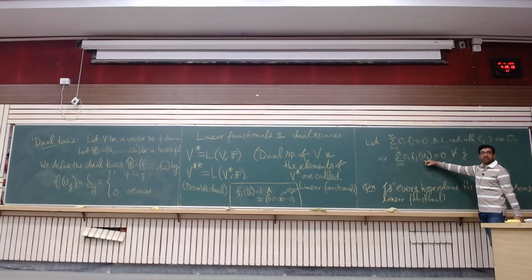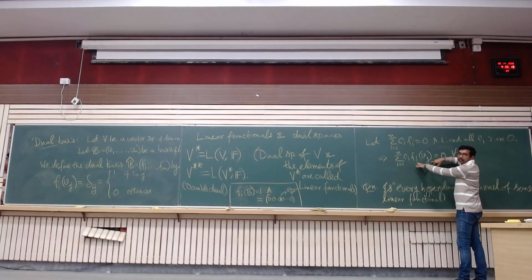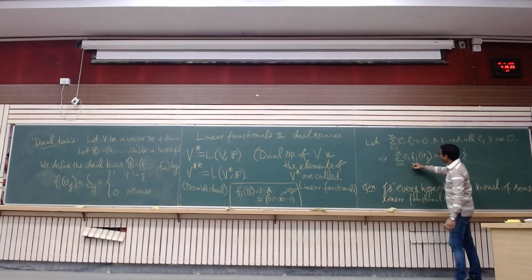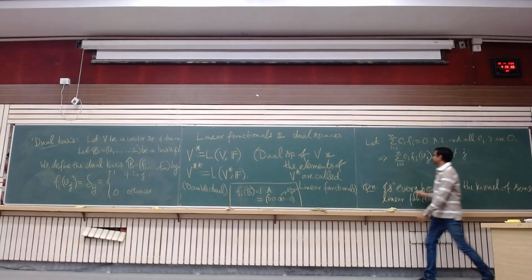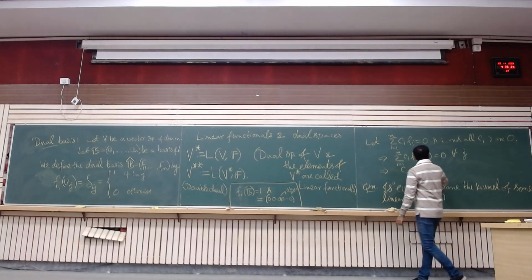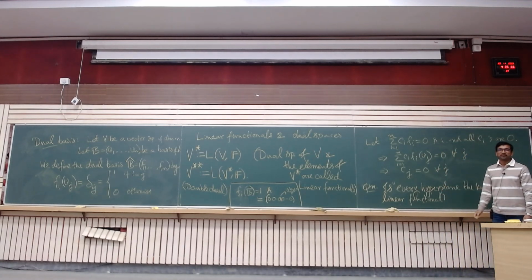In particular on the basis vector, this should also be 0, right? Now note that what is Fi of Vj? Just delta ij, right? Yes. And if you multiply it with this one, then which one survives? Cj, right? So that implies then Cj is equal to 0 for all j, and you are done. Okay, so that's a contradiction because we assumed that not all C's are 0.